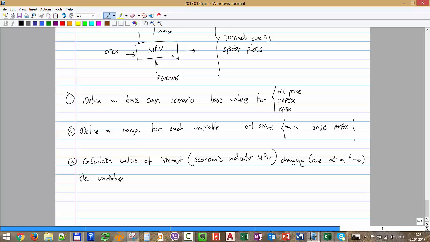So you assume for example the minimum price, and then you calculate NPV.